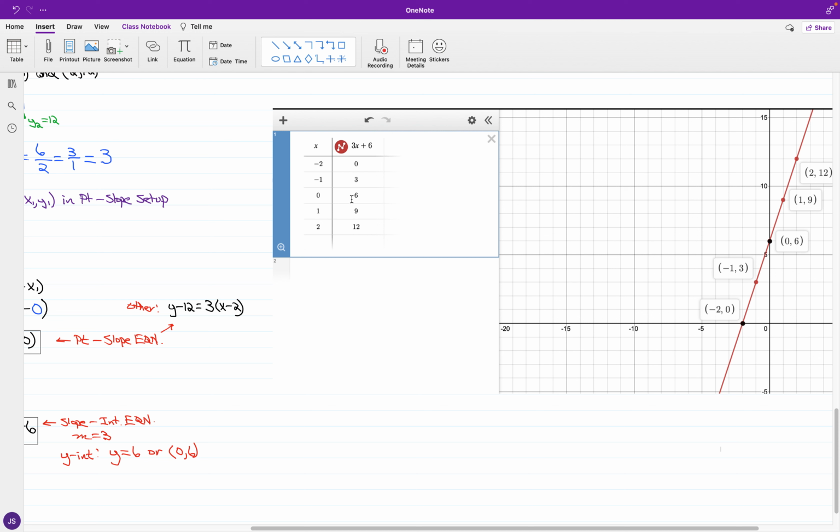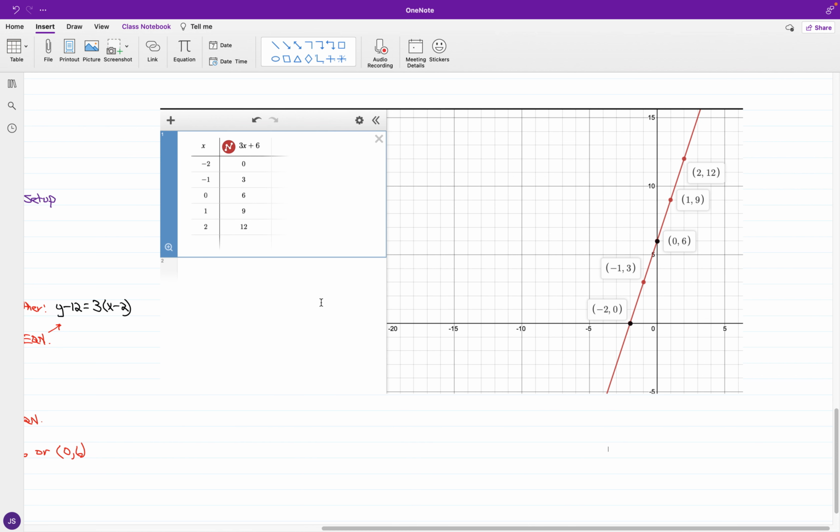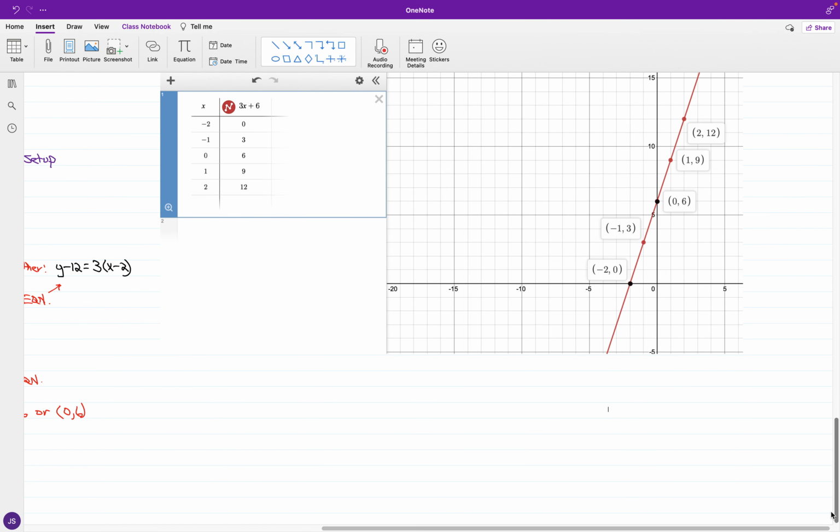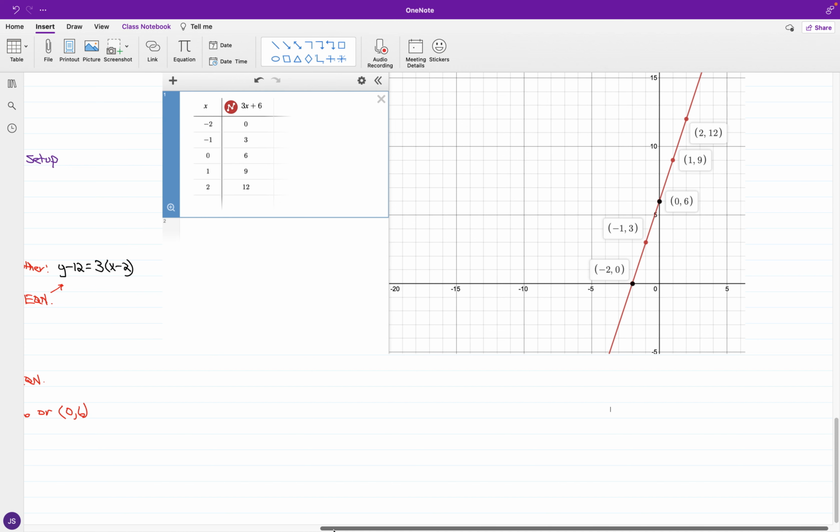You have (0, 6), which is our intercept and one of our given points. The other given point we have at (2, 12), which is also on the line. Other ordered pairs included are (-2, 0), the x-intercept, along with (-1, 3), (0, 6), (1, 9), as well as (2, 12).